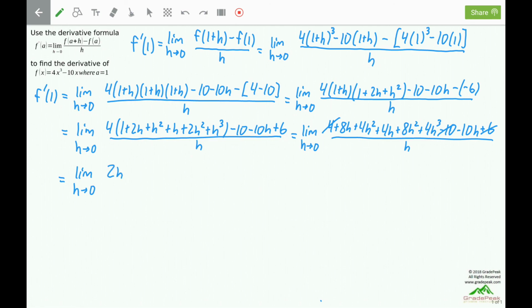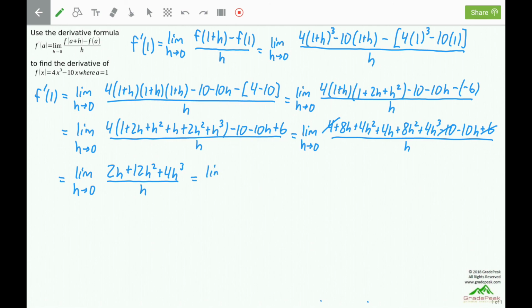I have 2 terms that have h squared, 4h squared and 8h squared. 4 plus 8 is 12, plus 12h squared. And I have 1 h cubed term, plus 4h cubed. All of this is divided by h.